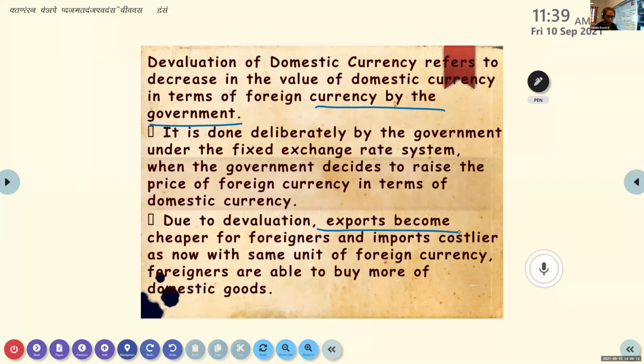I told you about this devaluation policy somewhere in another class, right? Do you remember? When India devaluated our currency.